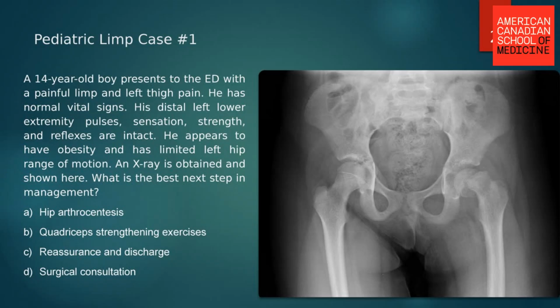So this would be the patient's left hip, patient's right hip. Do they look the same or different? Which one looks messed up? Yeah, so the patient's left hip, the one that's to your right.